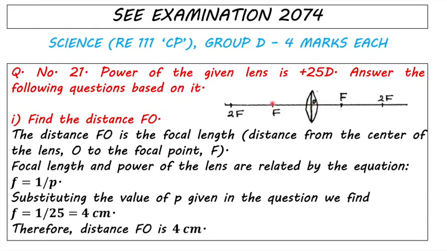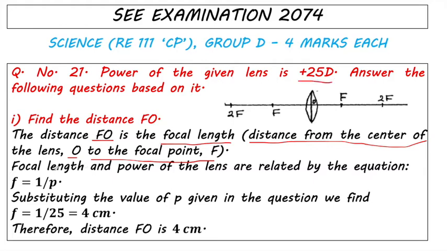We have to find this distance, and the distance FO is the focal length. That is the distance from the center of the lens, O, to the focal point, F. The only given information is that the power of the given lens is 25D.